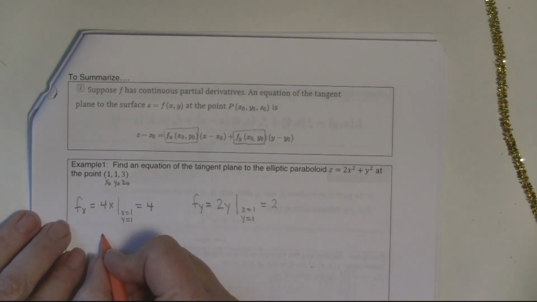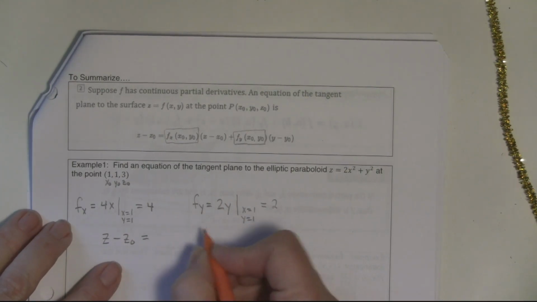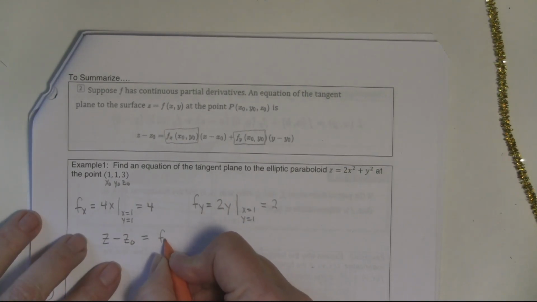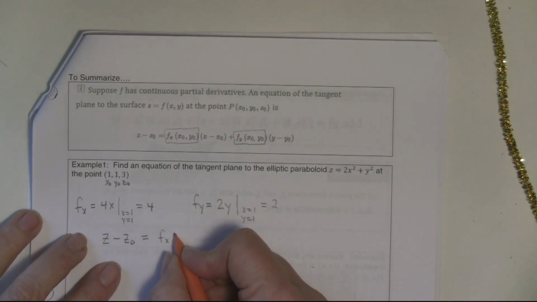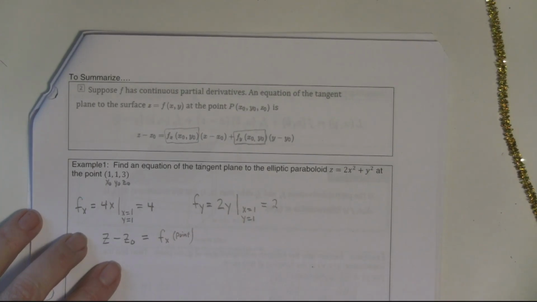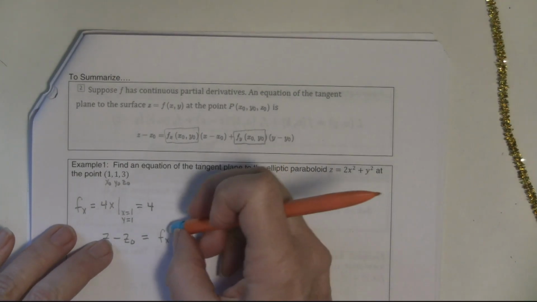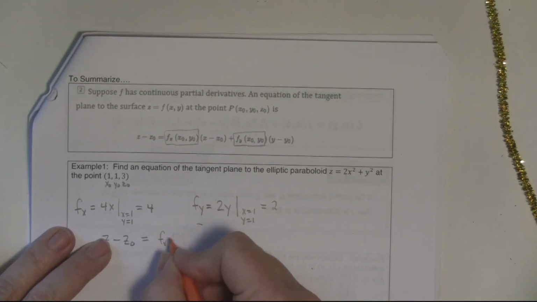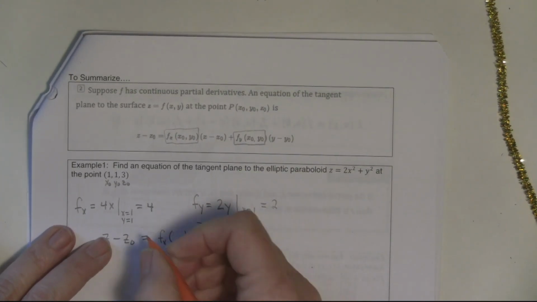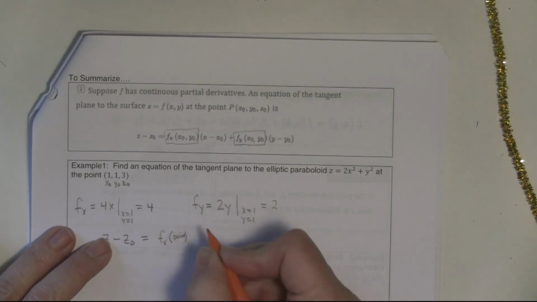Then our formula, z minus z naught equals that partial evaluated at that point. I get lazy and don't want to write that whole thing, and sometimes I even write "evaluated at the point" so as not to get so confusing with so many things. So this is like my little subscript, and this is my partial derivative evaluated at a point, which we've already done.